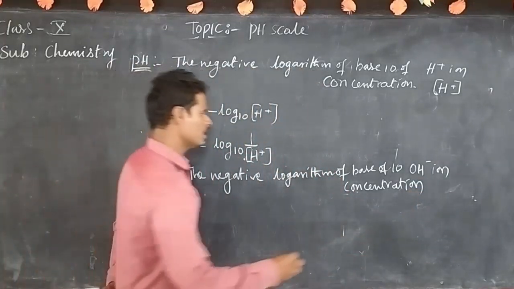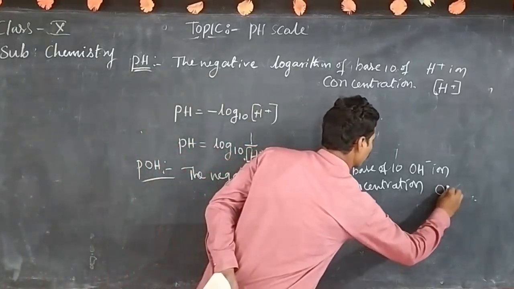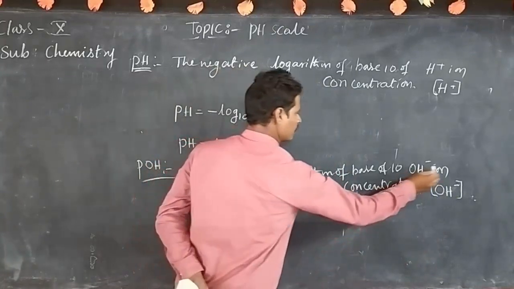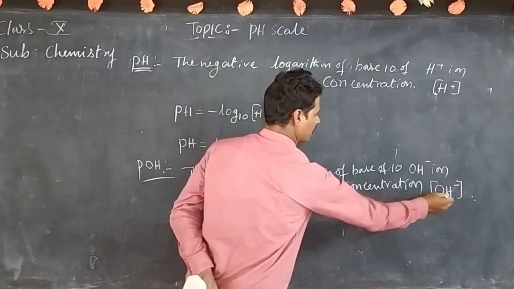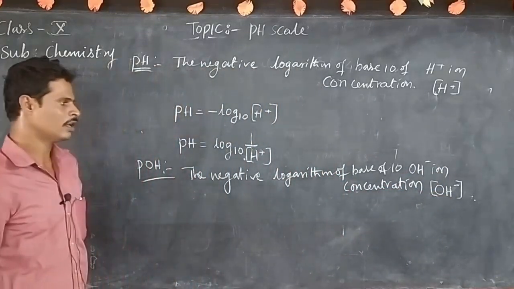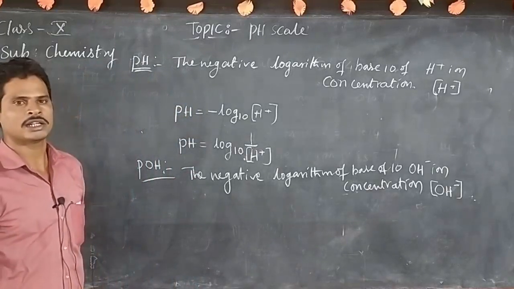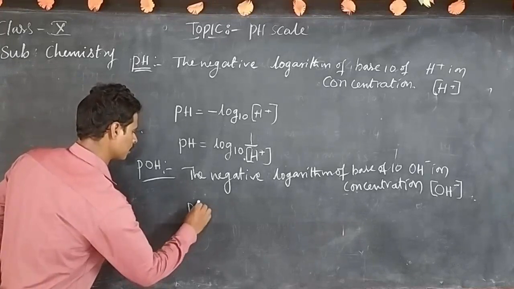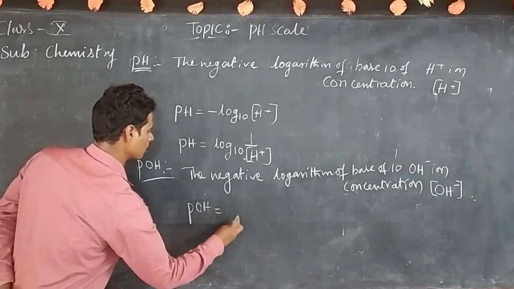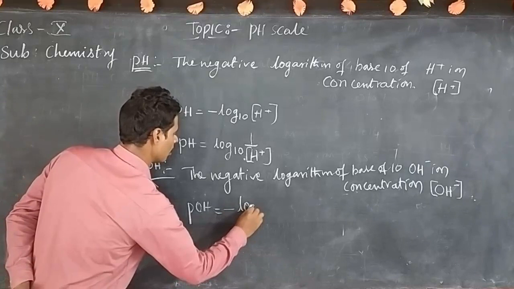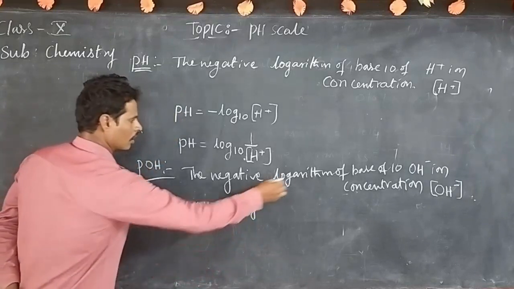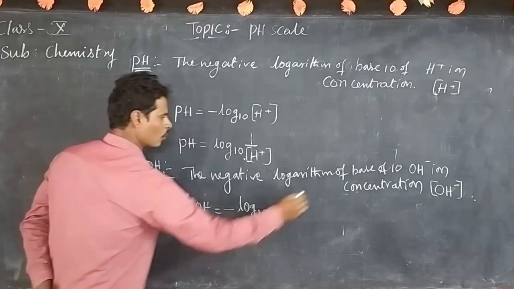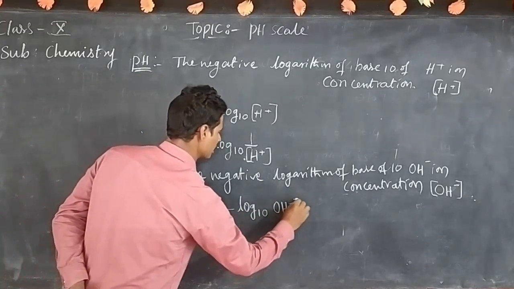How can you indicate the OH minus ion concentration? Simply by OH minus in a closed bracket. How can you calculate it? pOH equal to negative logarithm of base 10 of the OH minus ion concentration.